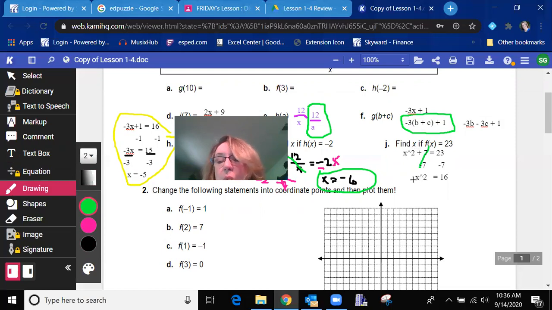Now to unsquare a square, like x squared, to undo that, because I don't want x squared, I want x, I have to take the square root.